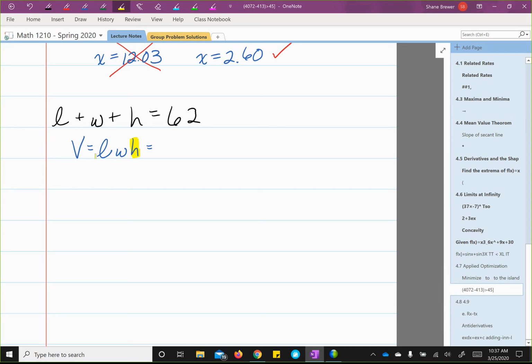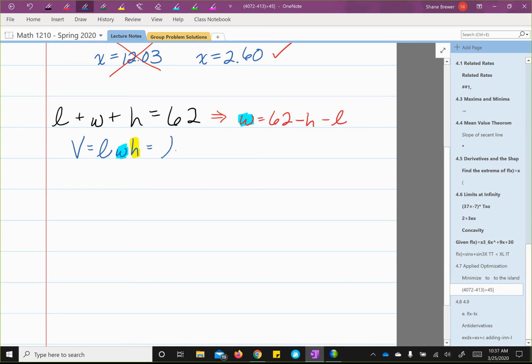So let's suppose we decide to just write W in terms of L and convert everything to L's. From this equation, W is going to equal 62 minus the constant height H minus L. So in place of W here, I'm going to put what it equals.